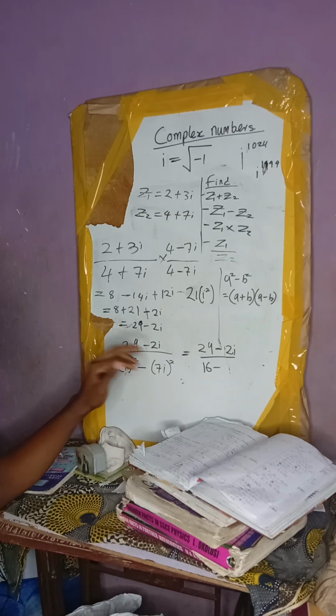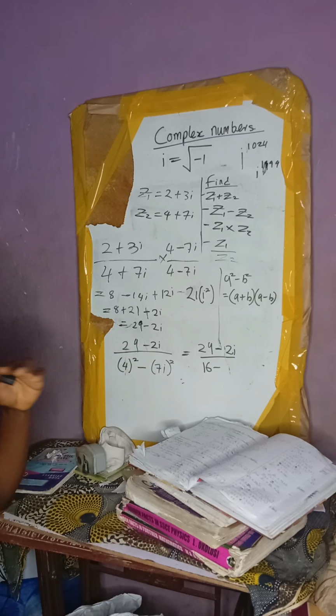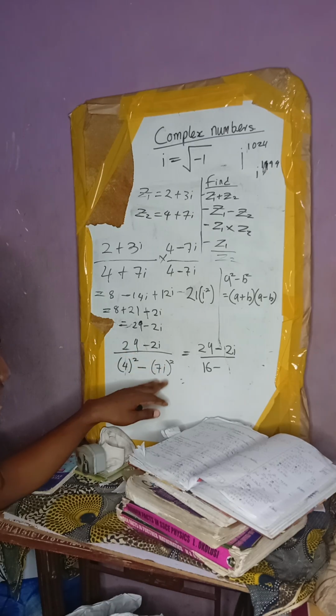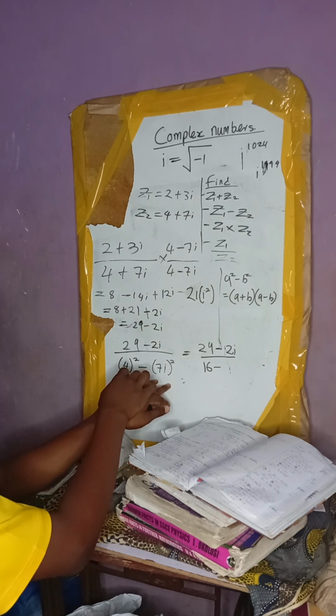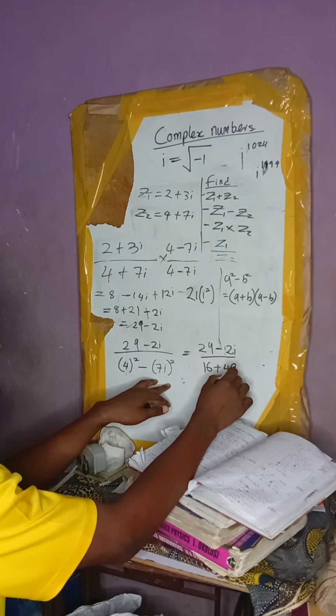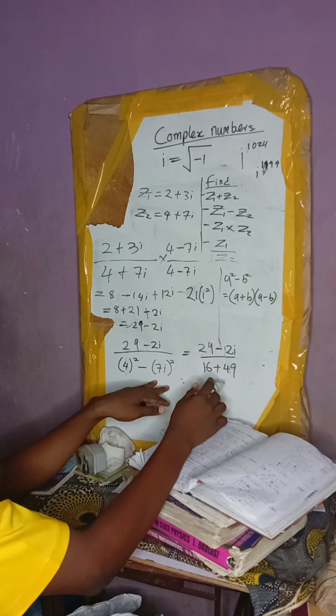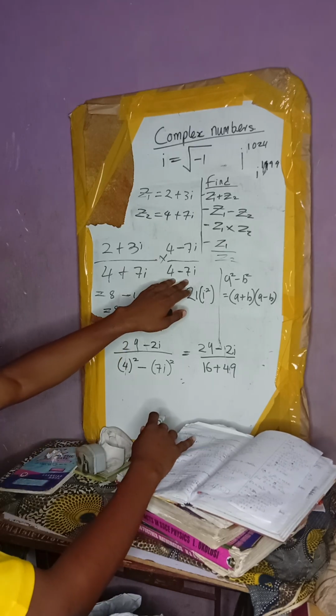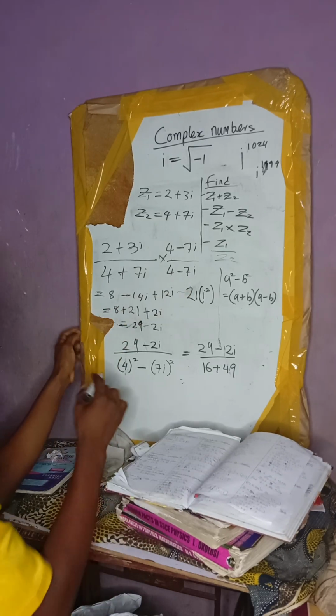So 7 squared is what? 49. i squared is what? -1. So we have -49 inside this bracket. But now there's still a minus here, so that will turn into plus 49. You can see now I've removed the i from the denominator by using the conjugate method.